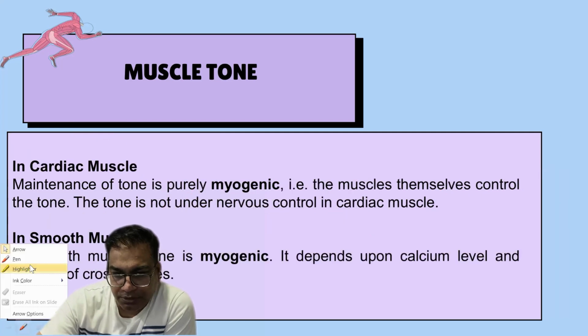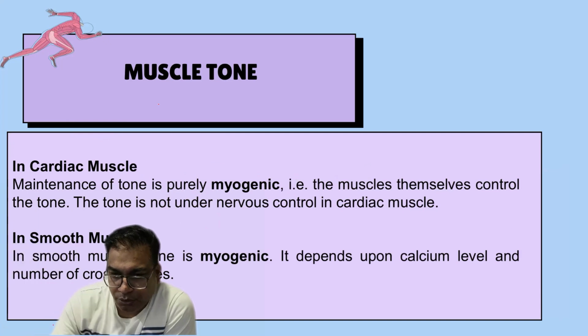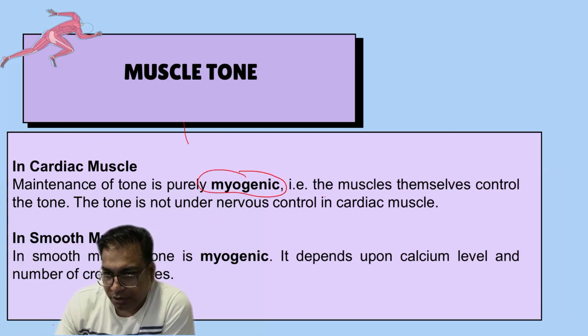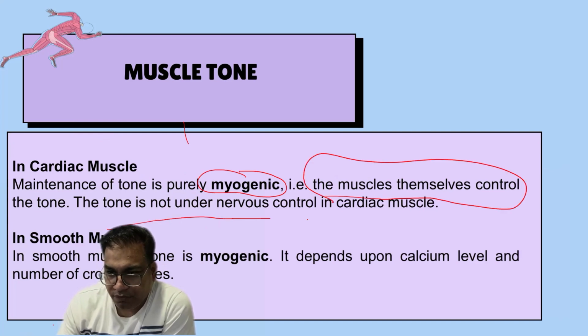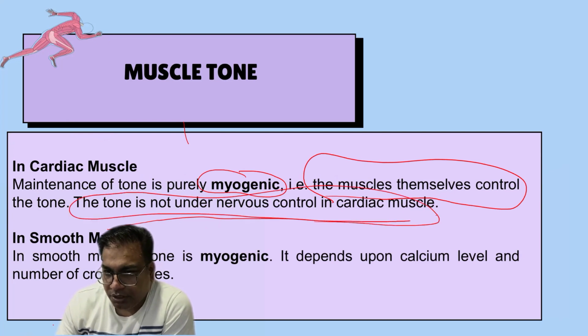In cardiac muscles, muscle tone is myogenic in nature, because cardiac muscles control their tone themselves. It is not under the nervous system.